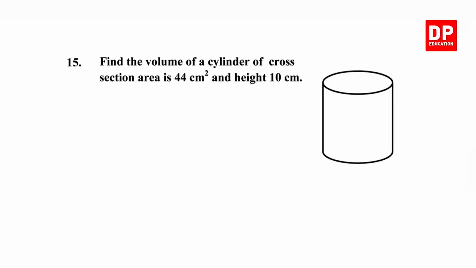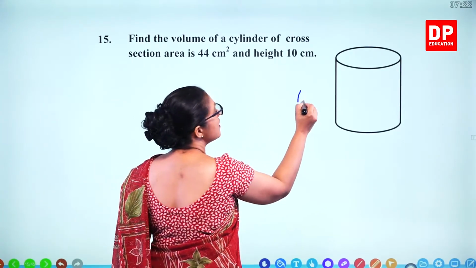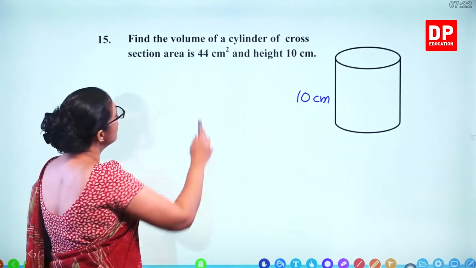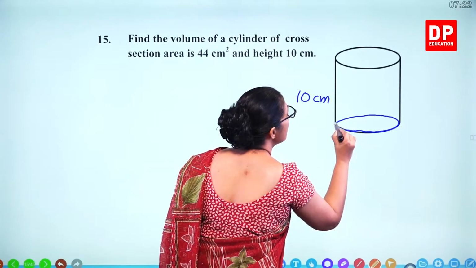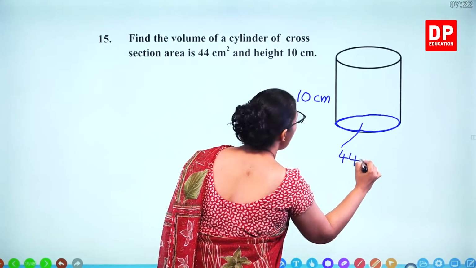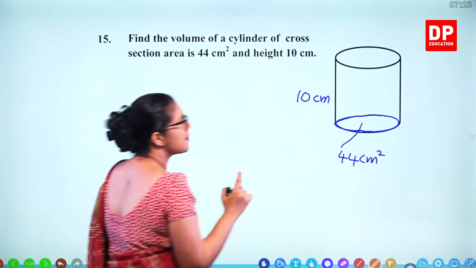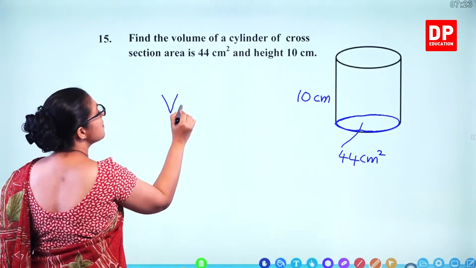Question number 15. Find the volume of a cylinder whose cross-sectional area is 44 square centimeters and height is 10 centimeters. Height is given as 10 centimeters. So the cross-sectional area is the base area. This area is given, 44 square centimeters. So how do you find the volume? This is a prism.